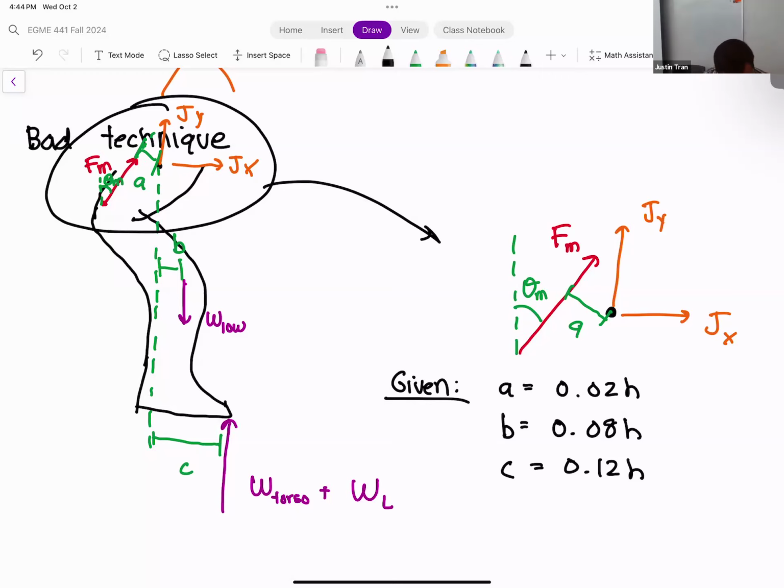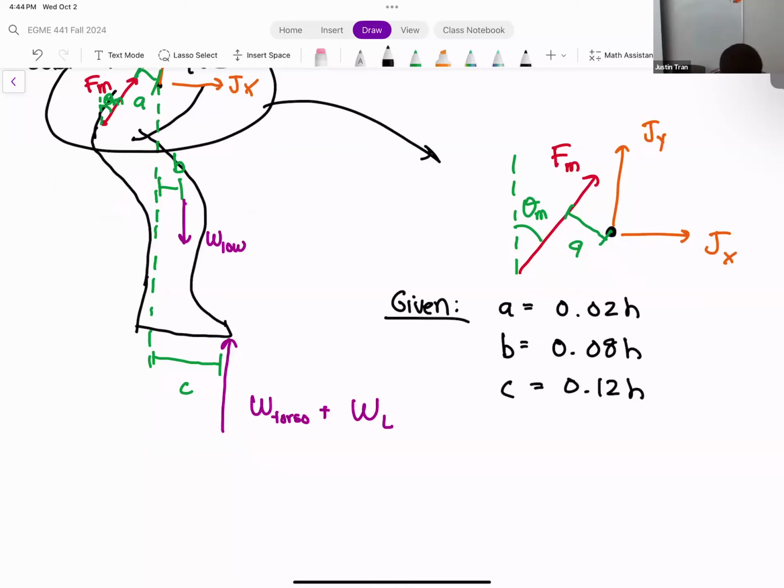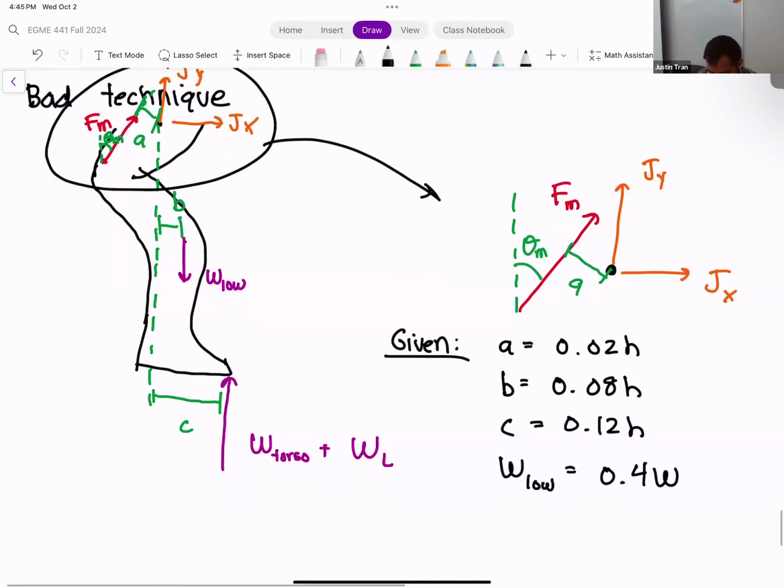Let's see what else we have here. We have the weight of the leg, or the weight of the lower extremity, which is going to be 0.4 W. Everything here is measured relative to the weight of the torso, so W is the weight of the torso.